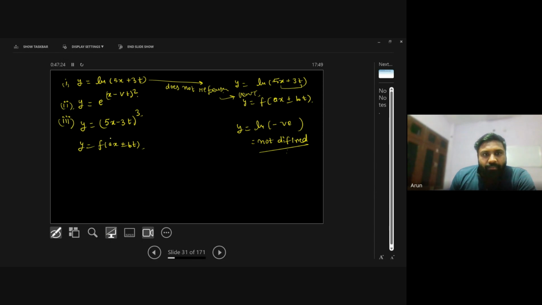Second, put x equals 0, t equals 0, and see whether the function is defined, whether y is getting a defined value or not. If it is, then okay. Then put higher values, x equals infinity and t equals infinity. Then see if y shows a defined value or not. If it does, then it is a wave equation.